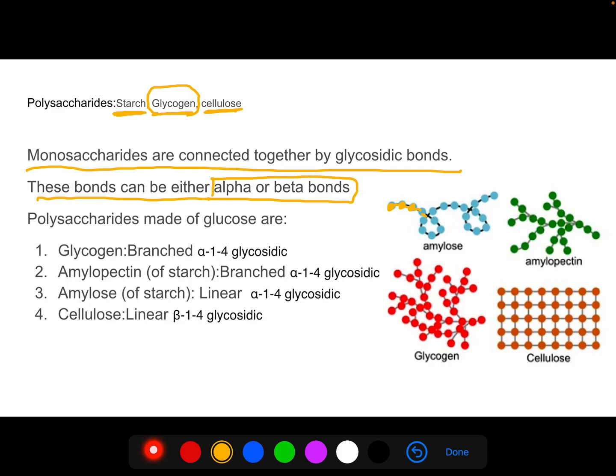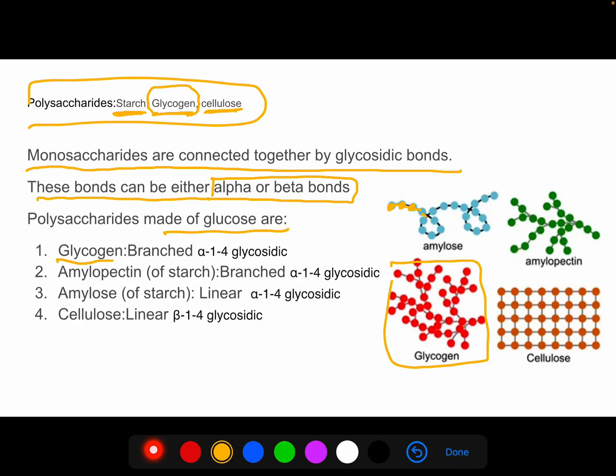The polysaccharides we're going to cover, all three, are made of glucose. The glycogen here is a branched molecule, and they are all glucose polymers, glucose connected together to form polysaccharides. The bond is alpha 1,4 glycosidic bonds.